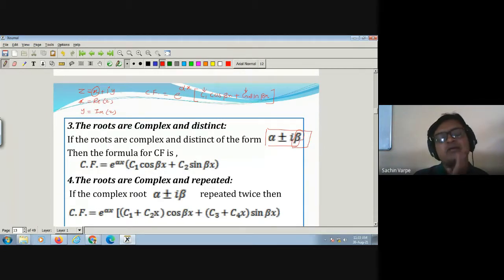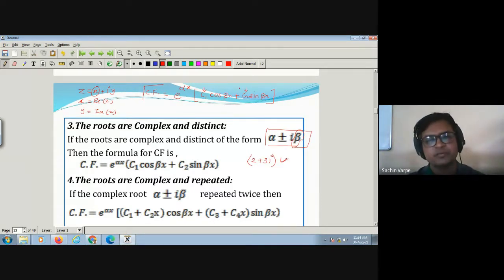So why are there two constants? Suppose you are getting 2 plus 3i as a root, then 2 plus 3i is only one root. For that also we write the same formula. Two constants are there. So how do we get the two constants here? There is a special result in complex numbers.